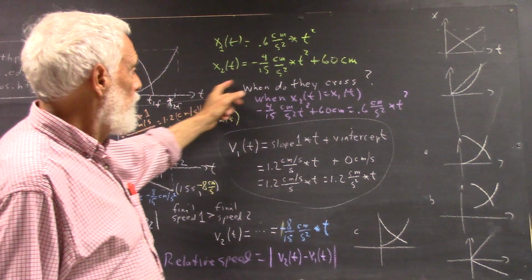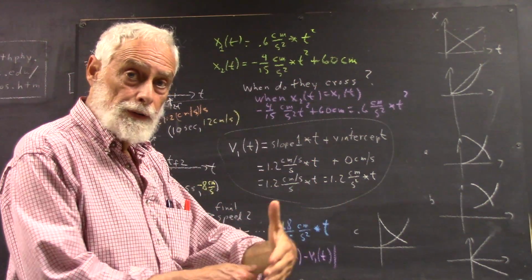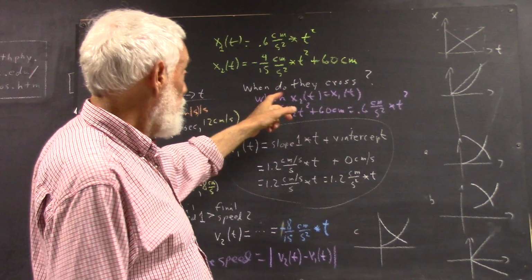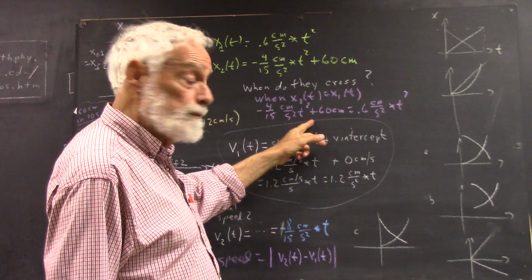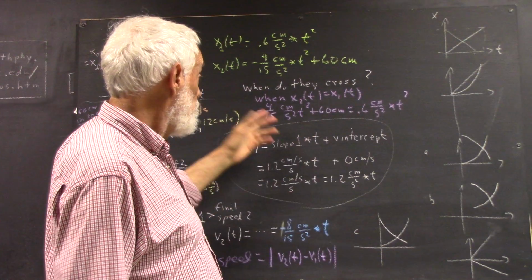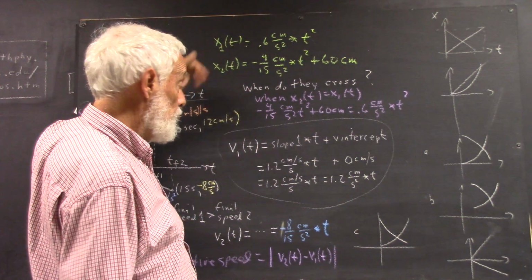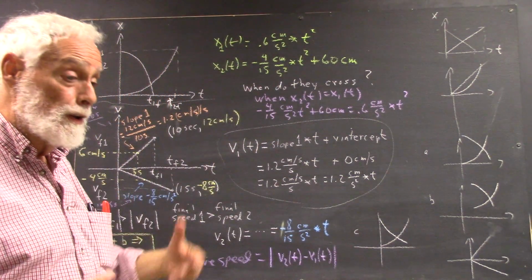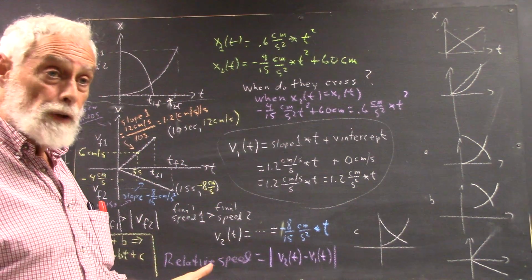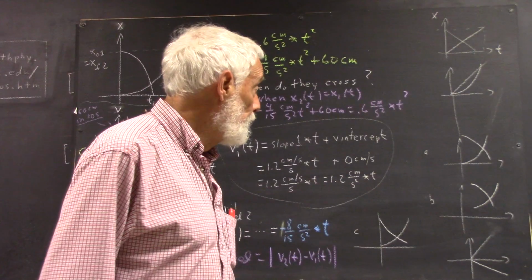Okay, and I asked then, when do the balls cross? Because that's what you observed. Well, when they cross is when these two functions are equal, and we just solve this equation for t. Now, in general, when you set two position functions for uniformly accelerated motion equal, you're going to get a quadratic equation, and that's what you have here.